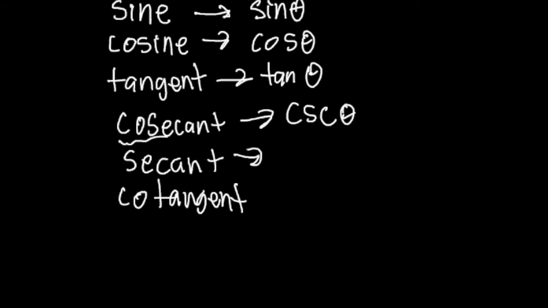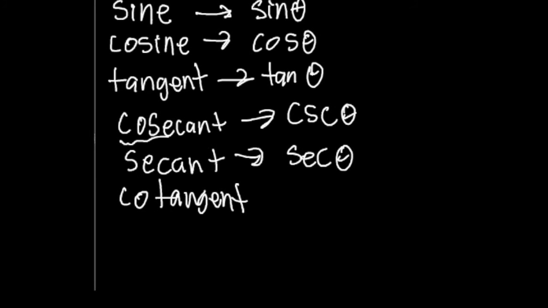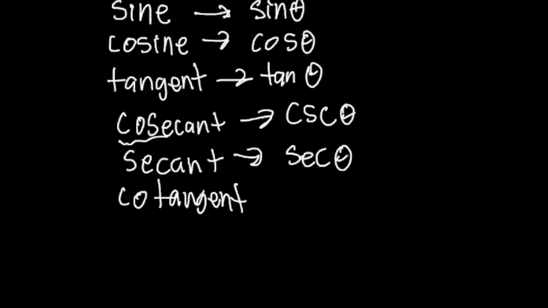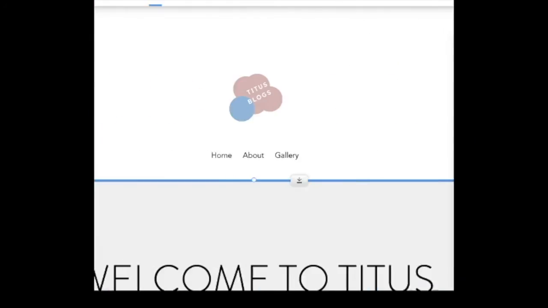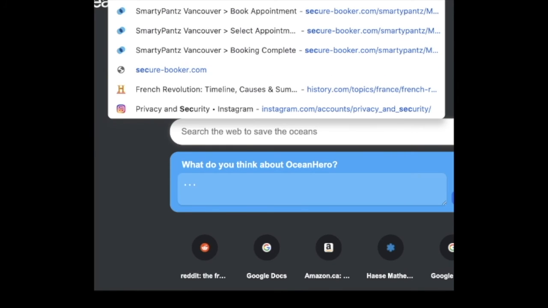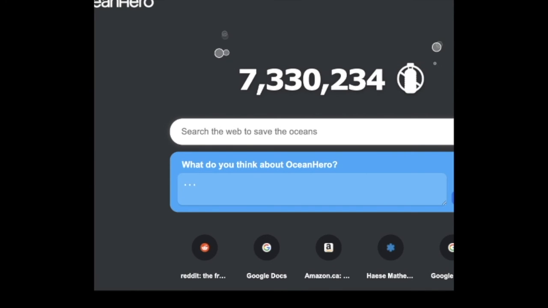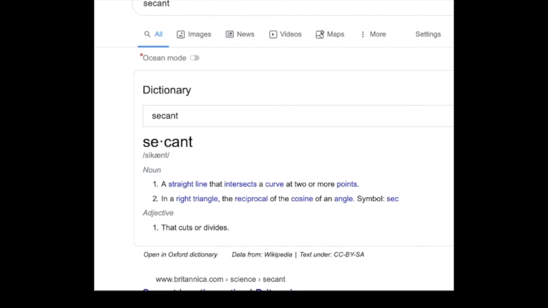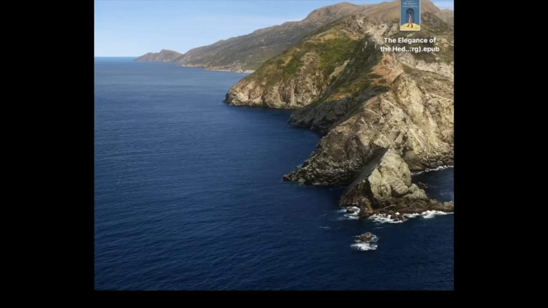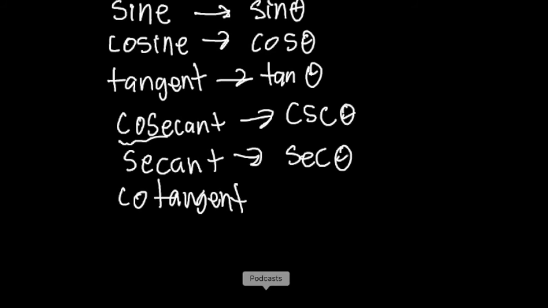This is secant, SEC theta, and cotangent is written like COT theta.